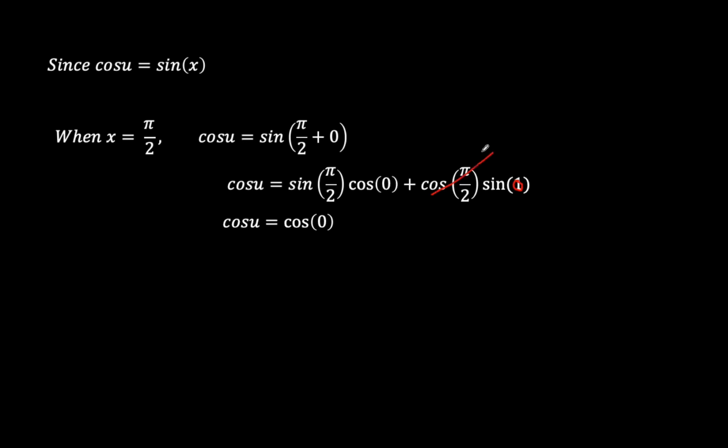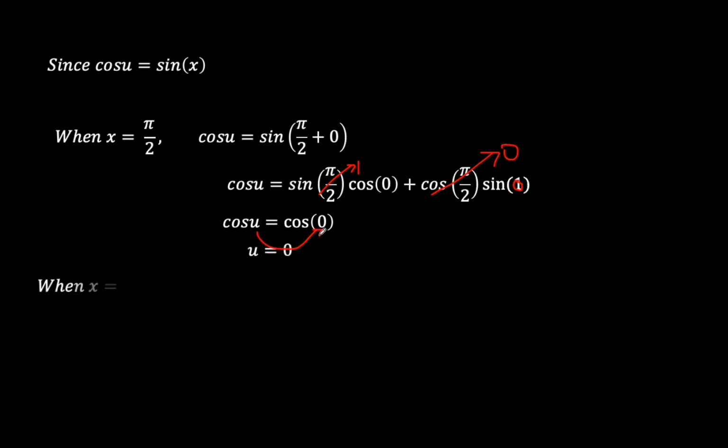So cosine u is equal to cosine 0, therefore u is equal to 0.